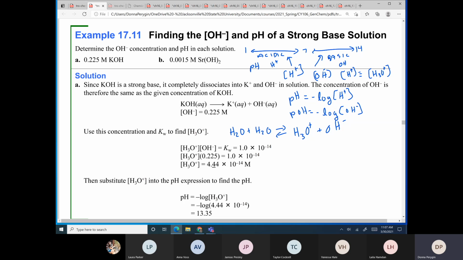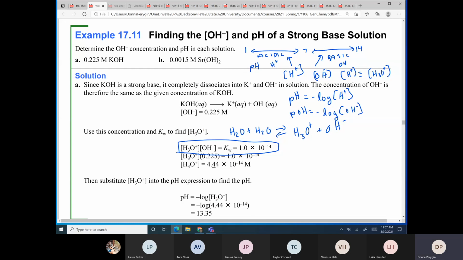But because of the autoionization of water, if we draw the K for that reaction, okay, we can write that as H3O plus times OH minus is 1 times 10 to the minus 14.